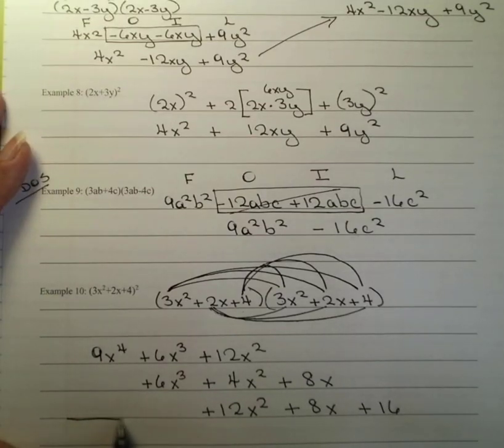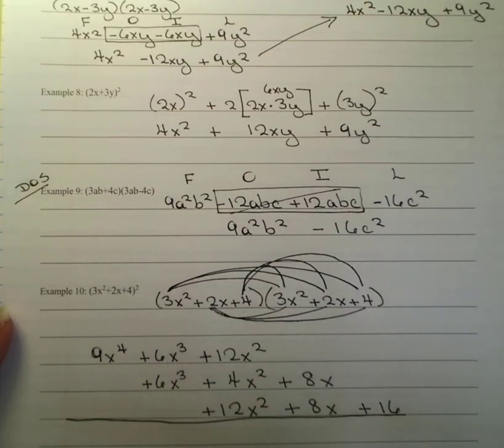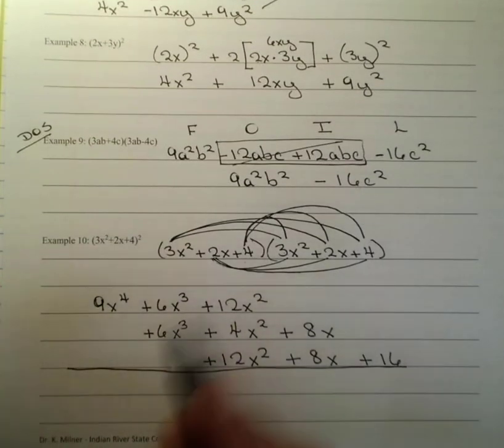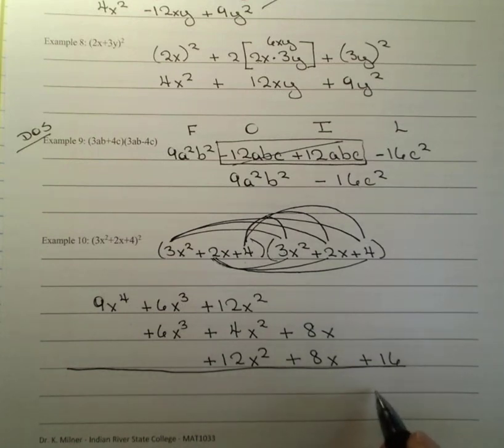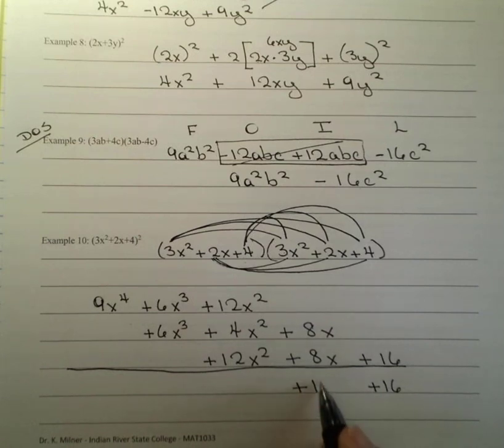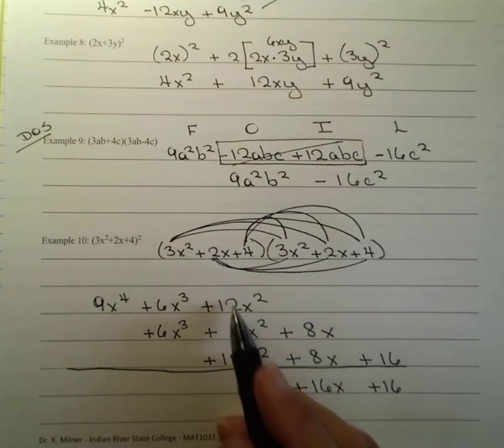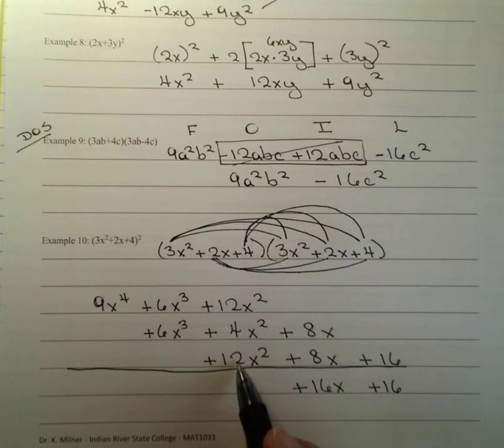Now, we've got to combine all these terms, but we made it easier on ourselves because we stacked like terms together, so we don't have to go searching through one big long line to find them. And I can just come over here and say, okay, 16, nothing to add to it. 8x plus 8x is 16x. And then I've got 12 plus 4 plus 12. Well, 12 plus 12 is 24, plus 4 is 28.